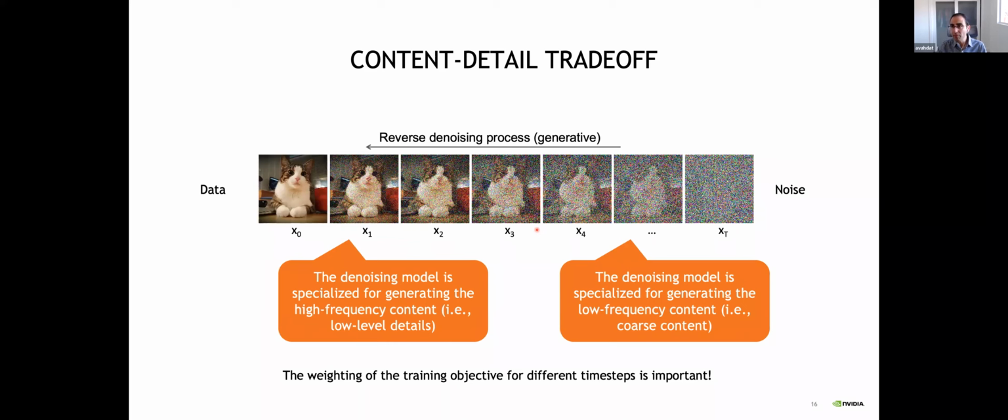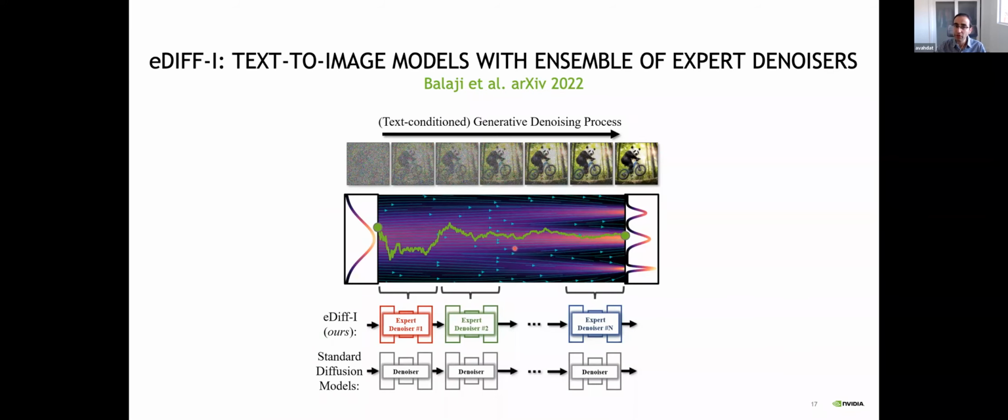So motivated by this, we realized that when we are training diffusion models for text-to-image modeling, the diffusion model has a different behavior in the course of the denoising process. Early on, the input image contains mostly noise. So it's very tricky for the neural network, the denoising model, to know which direction it needs to go to denoise the image.